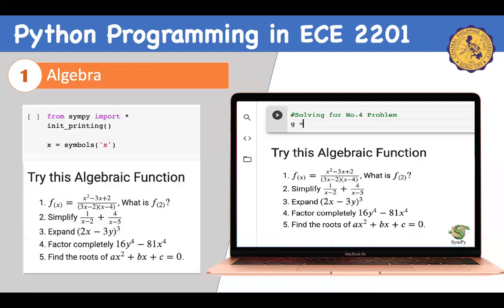This time I will be using h to represent my function. So this is 16 times y to the 4th minus 81 times x to the 4th.